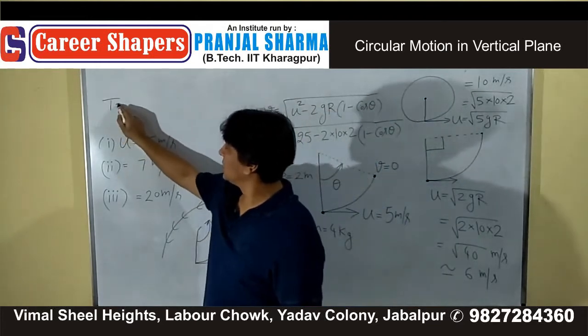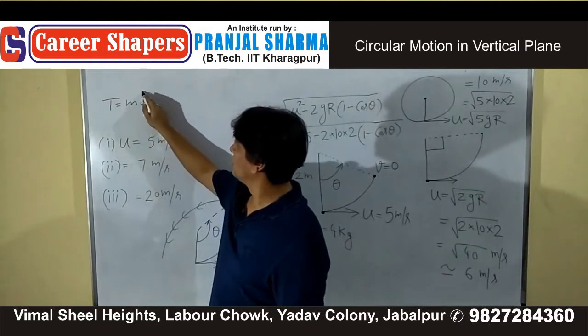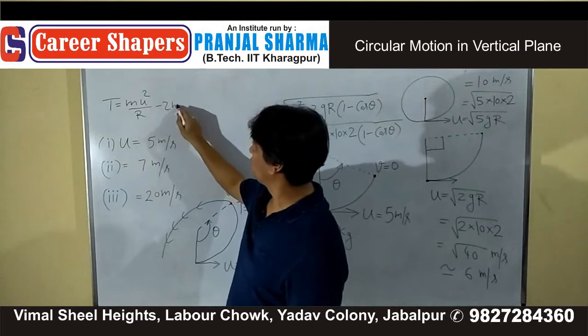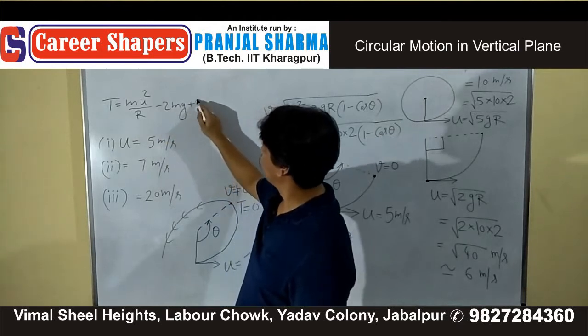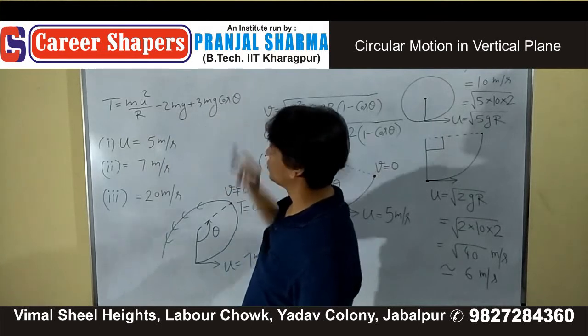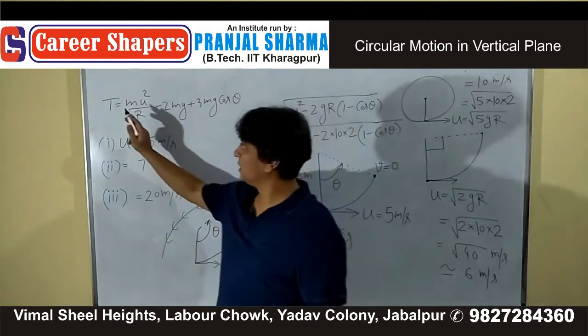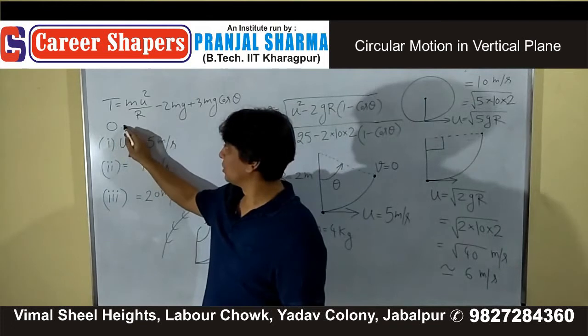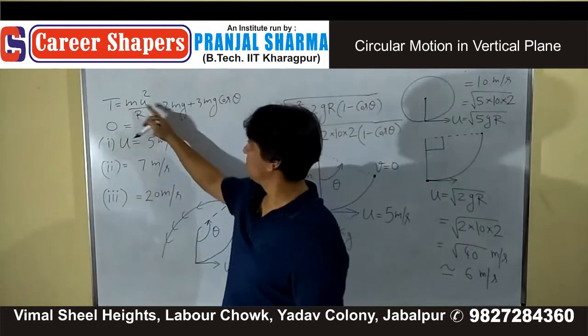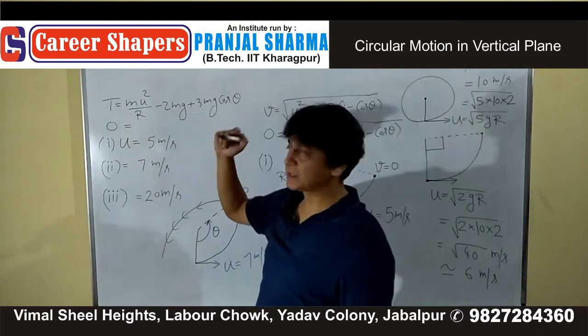T is mu square by R minus of 2mg plus 3mg cos of theta. T has become 0. M, you don't need it, it gets cancelled.